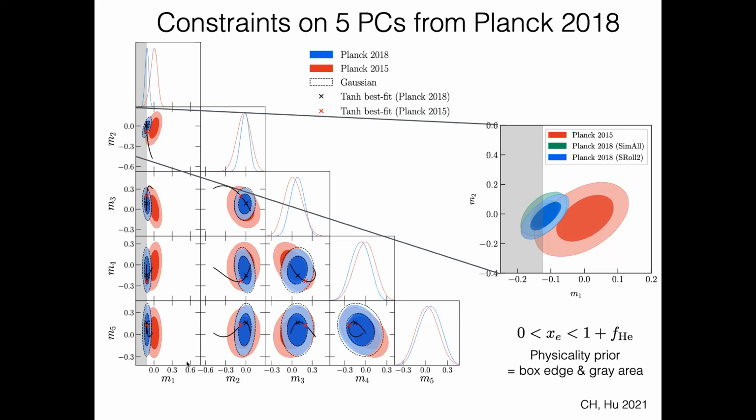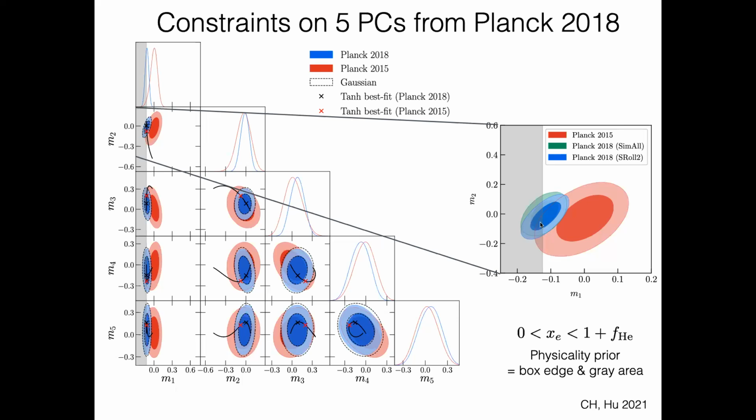Does that make sense? Yeah. So when we make this choice, anytime you have a physical model, I'm guaranteed to have a constraint on it. But inside this, I also have some unphysical models, although I will show later that our model-independent constraint on optical depth does not depend on these unphysical models.